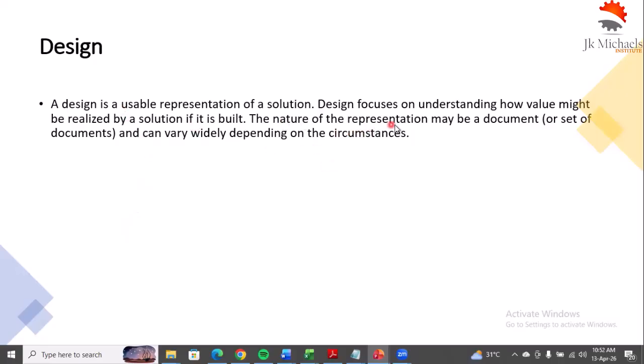The nature of the representation may be a document, or a set of documents, but can vary widely depending on the circumstances. Again, knowing what to code, you can use a flow chart to design what should be coded. You could also use process flow charts to define how data should flow through the system. So it's very important that we understand design.